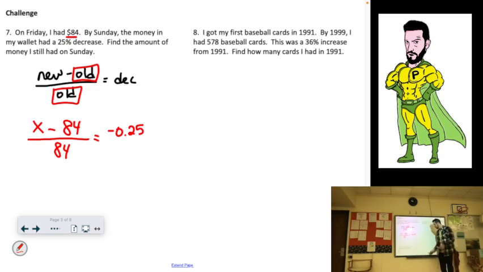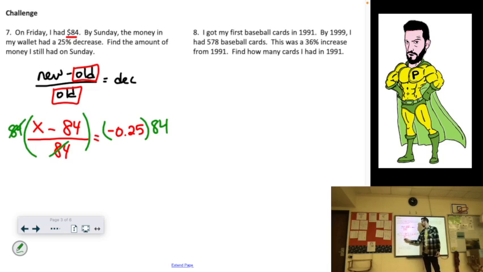Now we can use our sweet solving equation skills. I see divided by 84, so we could multiply 84 on both sides. So that would cancel out the divided by 84, so we have x minus 84 equals negative 0.25 times 84, which is negative 21.